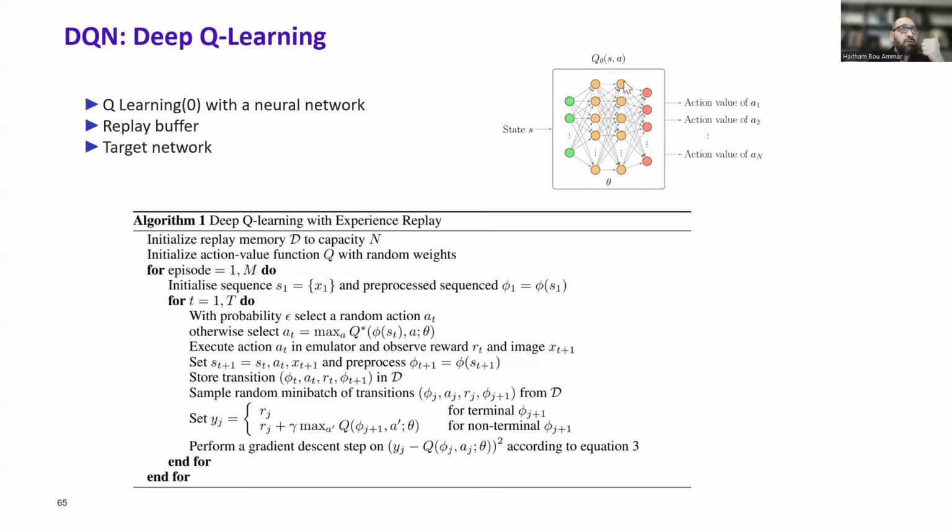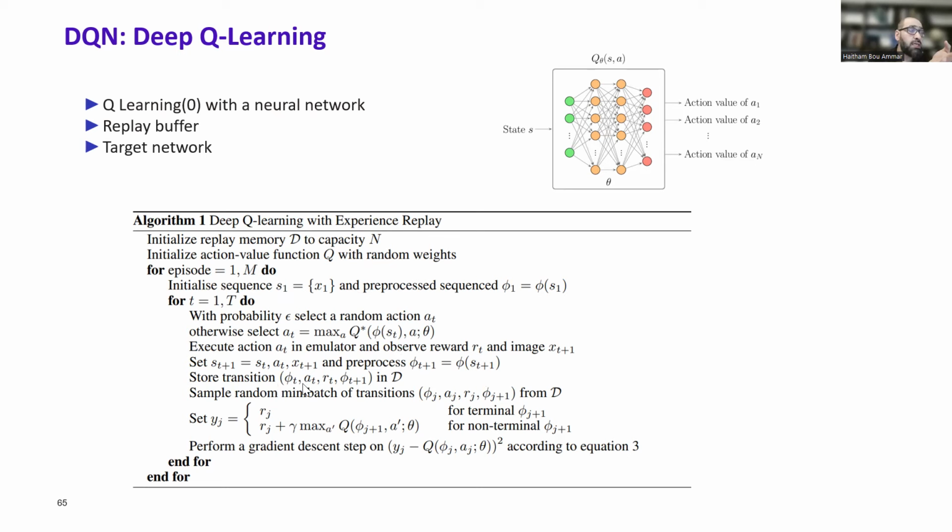So what we do is we first represent the Q by a neural network, and then we initialize the weights randomly. And then after we initialize the weights randomly, we take an action with an epsilon greedy procedure. After taking an action, we execute it and we observe the image, which we then pre-process.